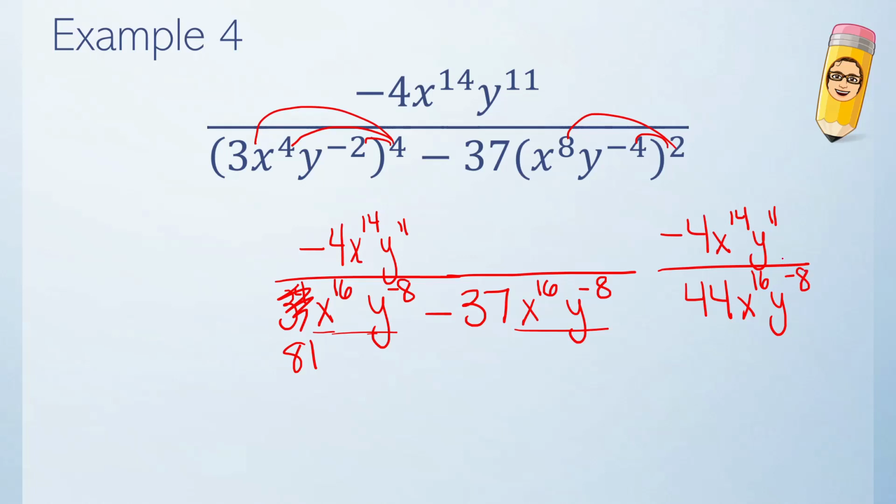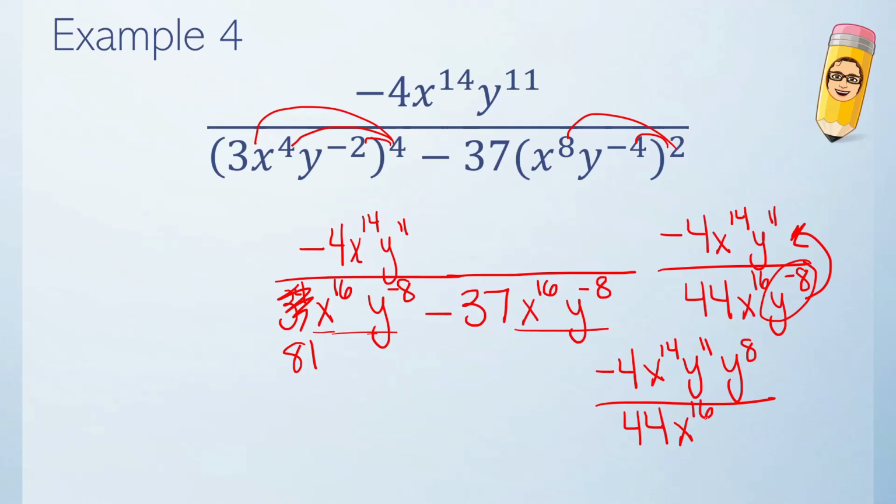I now can simplify. I can move this guy up to the top because it's not subtraction down there no longer. So now I'm at negative 4 x to the 14th, y to the 11th, y to the 8th because it moved up to the top, over 44 x to the 16th. Let's do some more simplification. Well, negative 4 divided by 44, that fraction can simplify into 1 over 11.